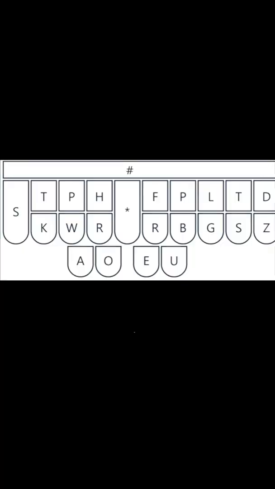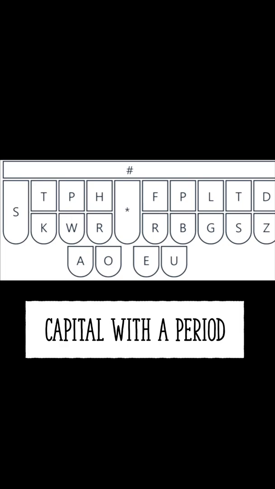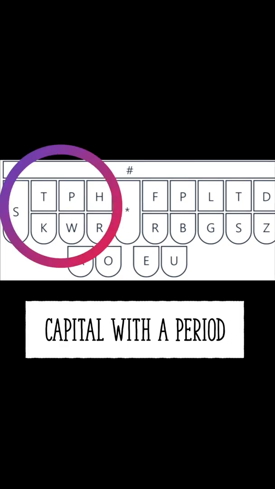This is most commonly seen when someone gives a name and has a middle initial. So if I said Colleen P. Barnes, we want to know how to make that P show up with the period all in one stroke. The capital letter with a period is written by pressing the keys for the letter with your left hand and FPLT with your right hand at the same time.